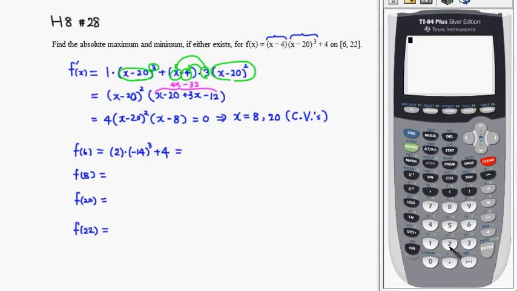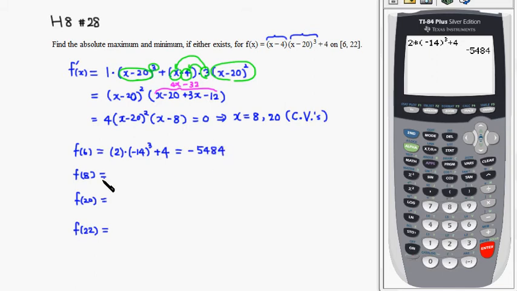So it's 2 times negative 14 raised to the third power plus 4. So get that value. That came out to be negative 5,484.